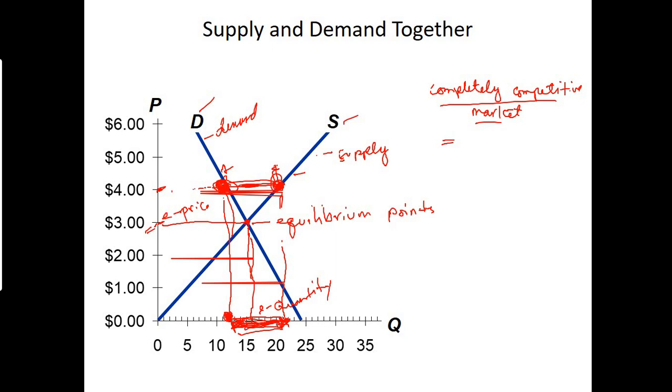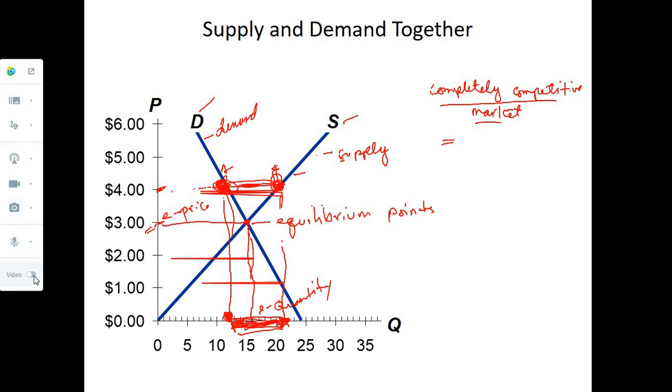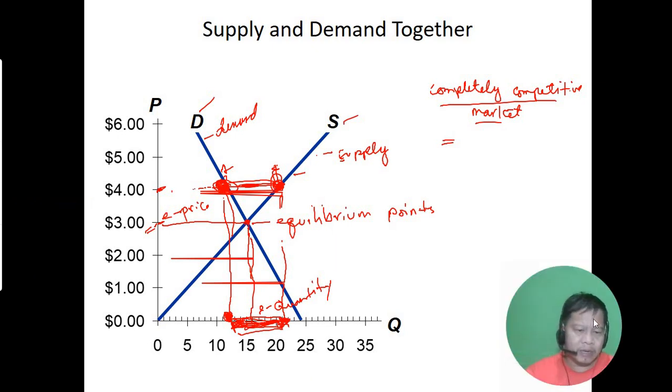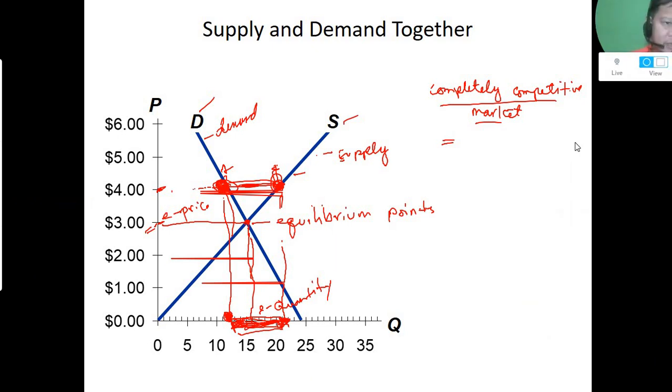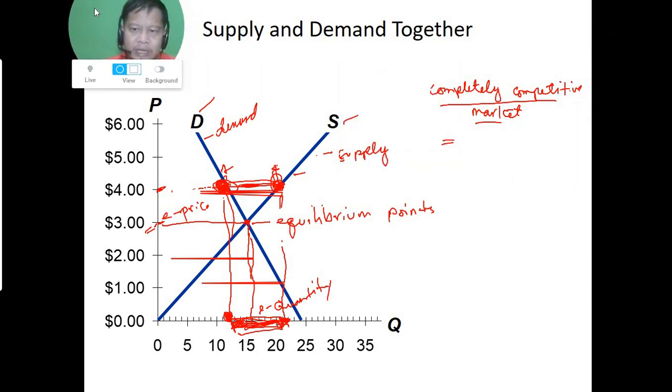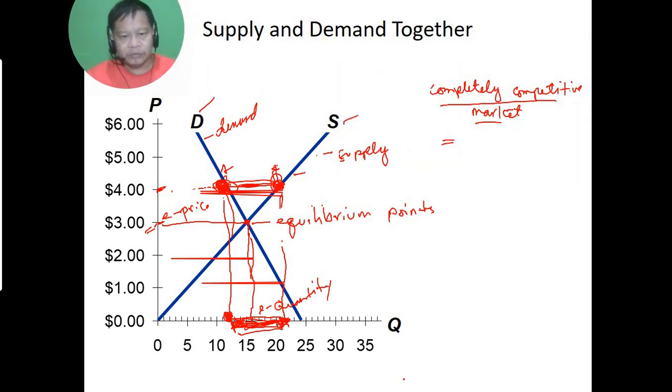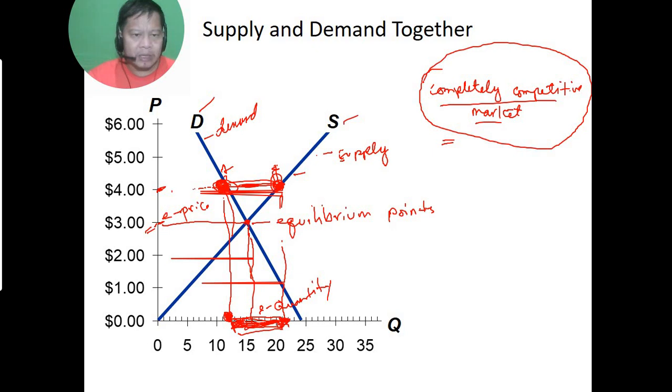So because of supply and demand, ma-determine ang price in the market. Okay, so because of the interactions of supply and demand, ma-determine ang market price dinha sa completely competitive market.